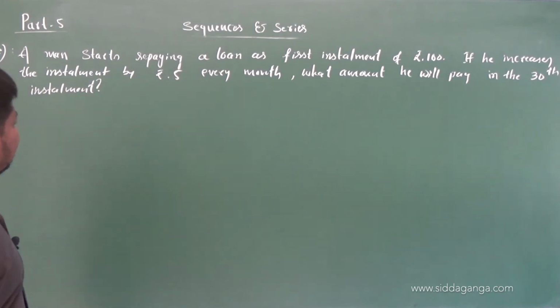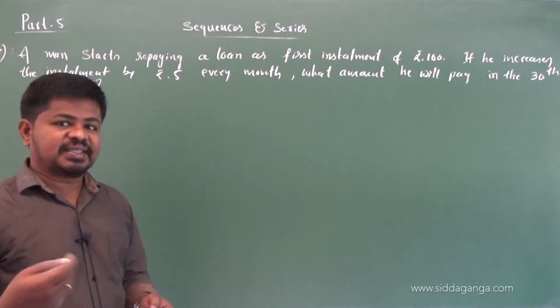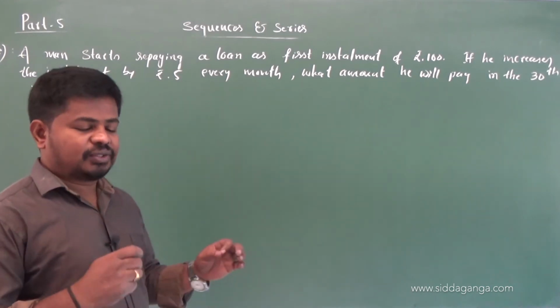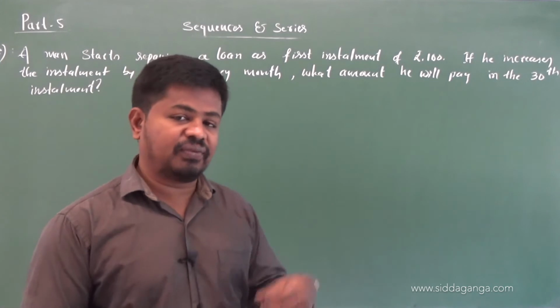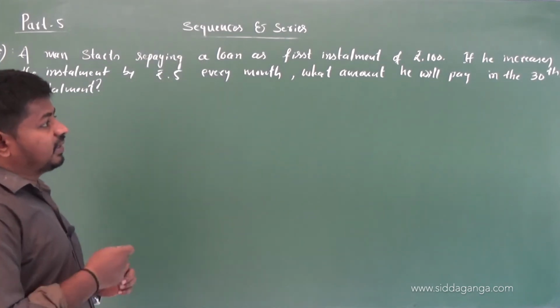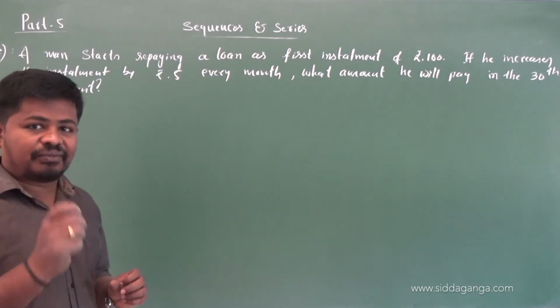So he will pay rupees 105 in the next installment, and plus 5, in the third month he is going to pay 110 rupees, in the fourth month 115. In this way, every month he will increase the installment by rupees 5.